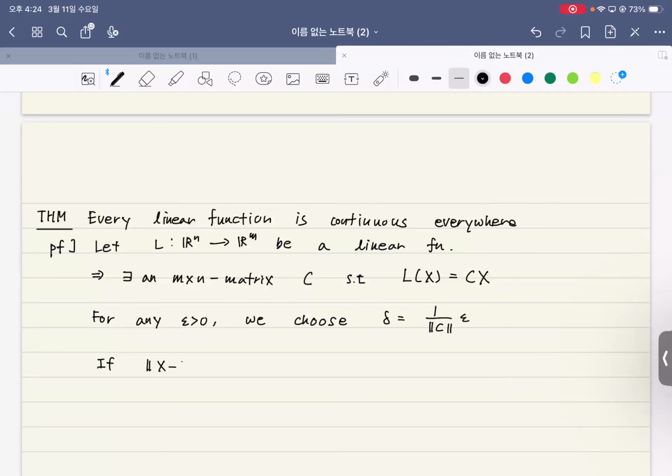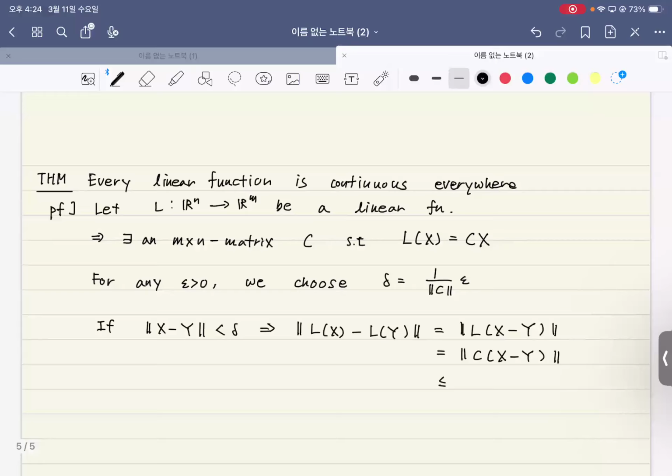If the distance between x and y is less than delta, then consider L of x minus L of y. Since my function is linear, I can say this is L of x minus y, which is C times x minus y. Now, because of the inequality that we proved at the beginning of this class, this is bounded by the norm of C times the norm of x minus y.